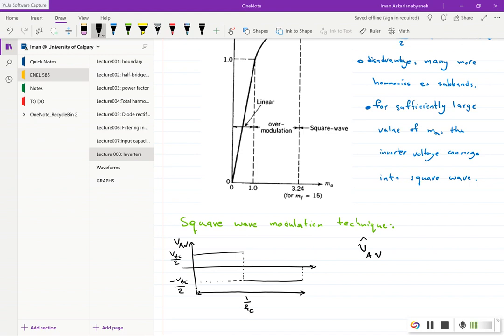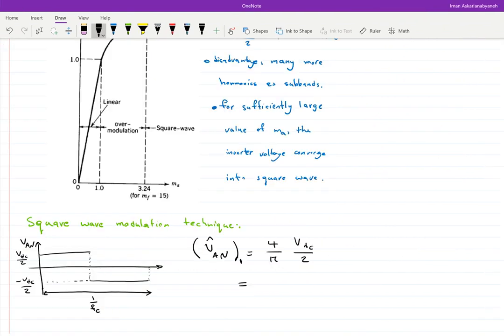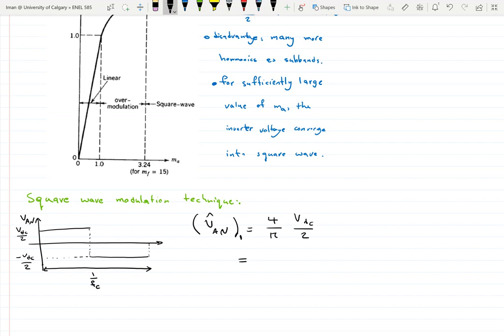So VAN, the fundamental component VAN1, is equal to 4 over pi times VDC over 2, which is equal to 1.273 VDC over 2.